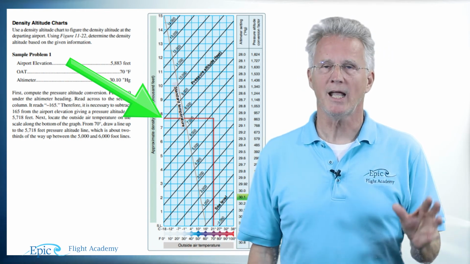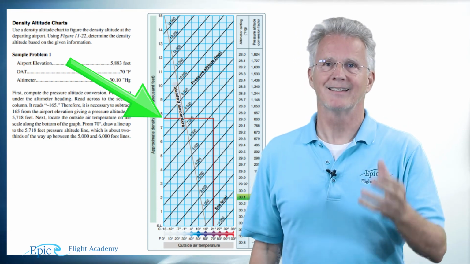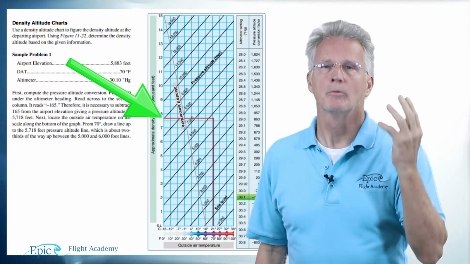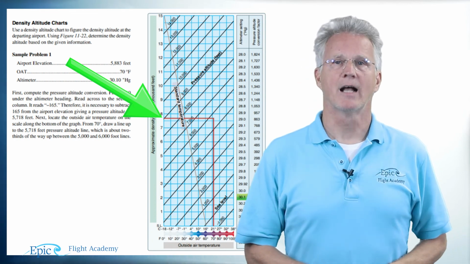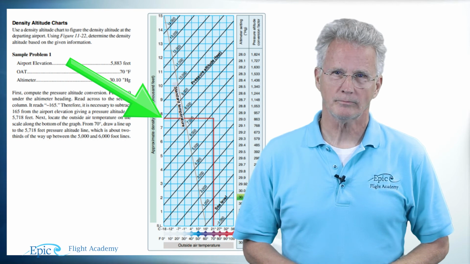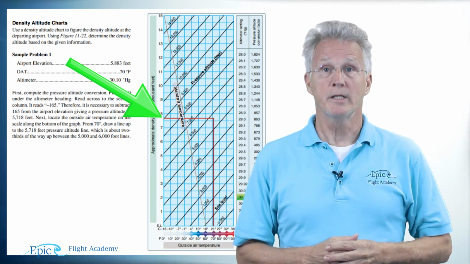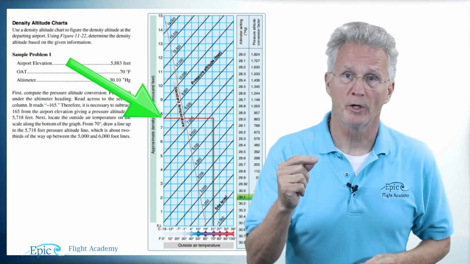It's going to have to work hard, and it's going to get less performance at higher density altitudes. So you can see, I hope, from this short video why density altitude is critical.